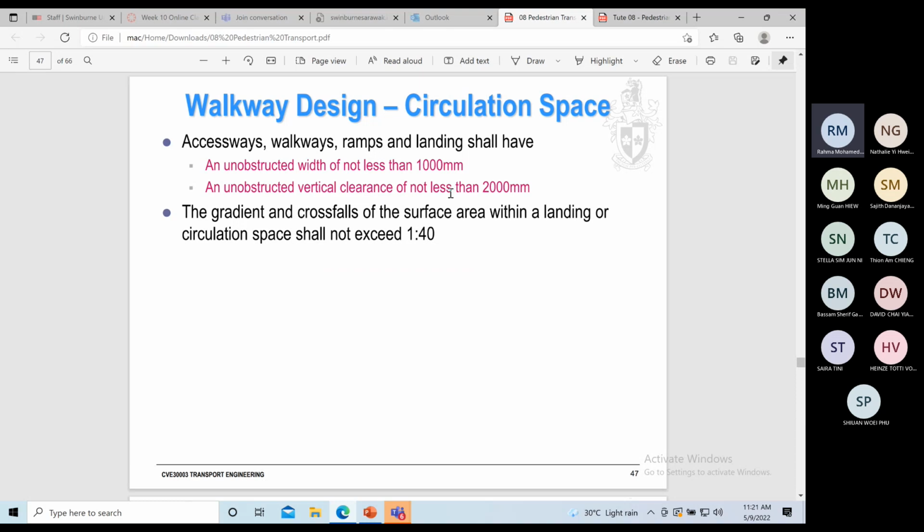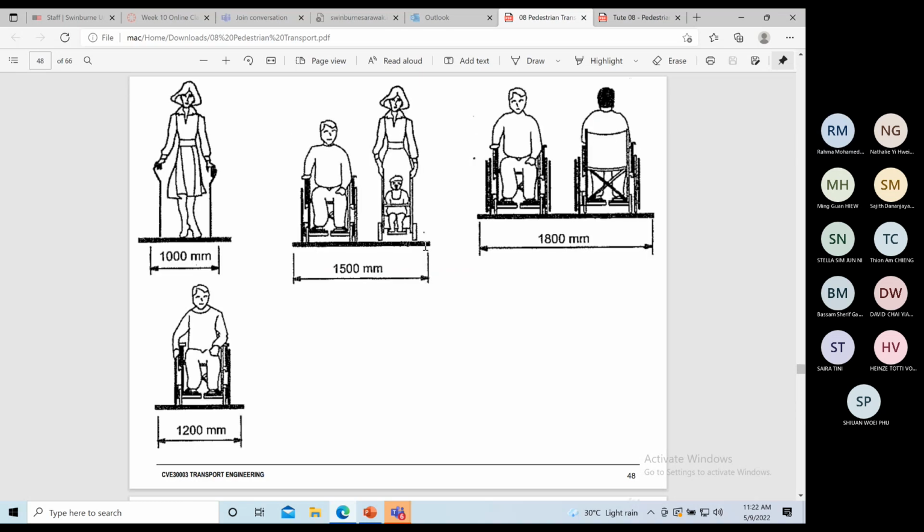By vertical clearance, I mean from the floor surface to the soffit of the ceiling. And the gradient and crossfalls of surface area within a landing or a circulation space should not exceed 1 in 40. So you have to follow this strictly.